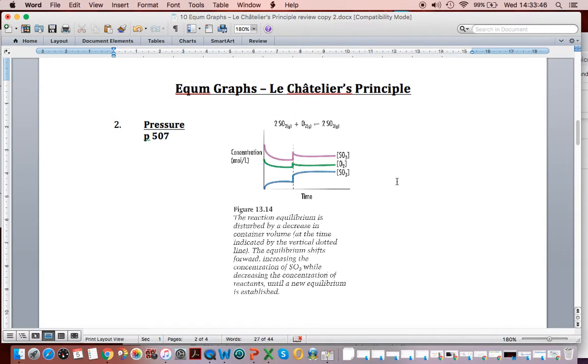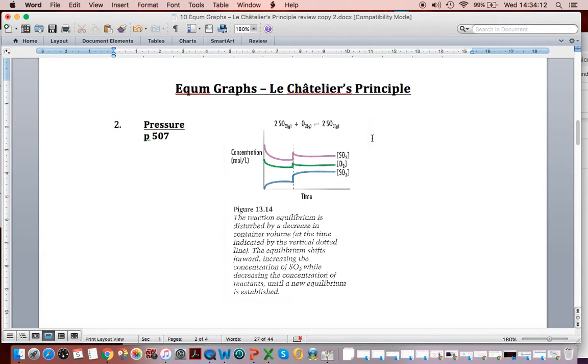When we do a pressure stress, all of the concentrations are going to increase. In fact, this graph isn't exactly perfect because the higher up, the greater the concentration change. But what we care about is how it responds to that stress. We know it's an increase in pressure by decreasing the volume because all of the concentrations went up. We're seeing a spike, spike, and spike.